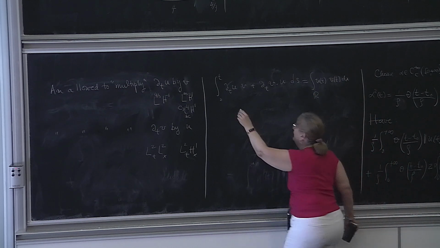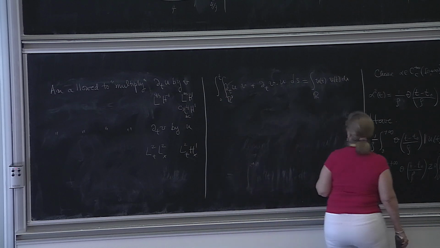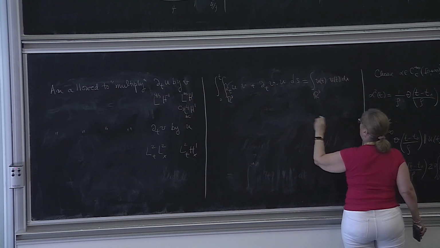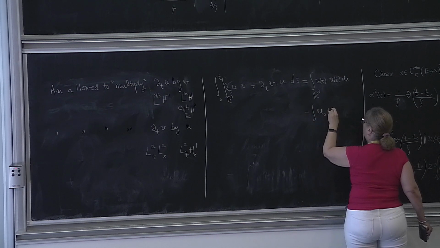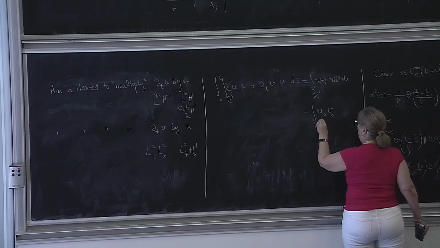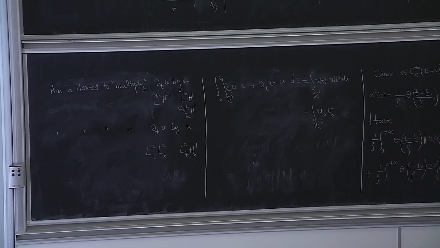There's an integral missing, so it's this minus the integral of u naught times v naught in R3, which is none other than the L2 norm squared of u naught.